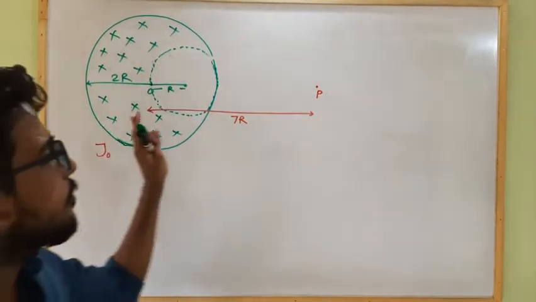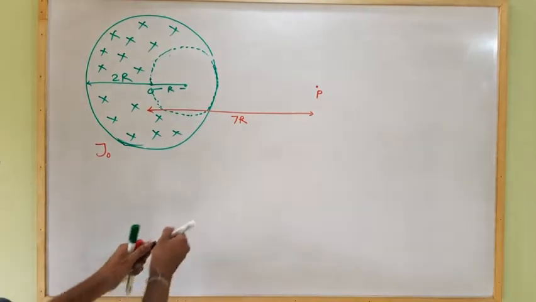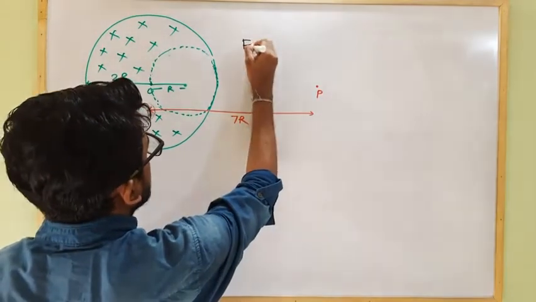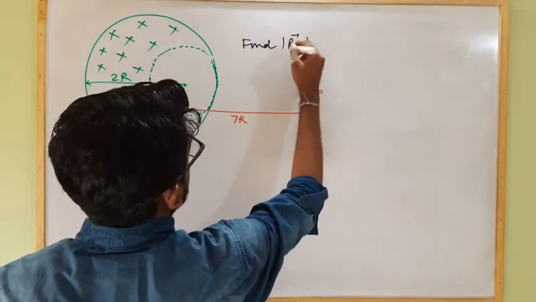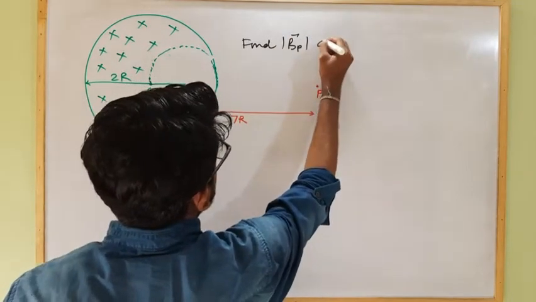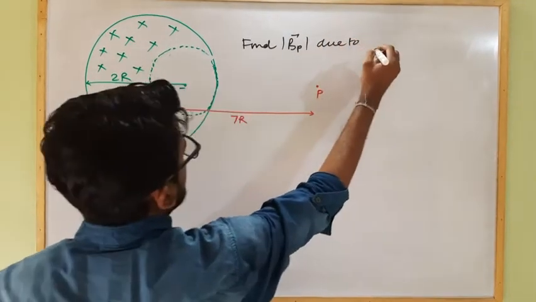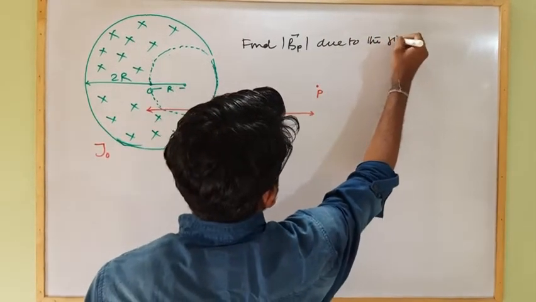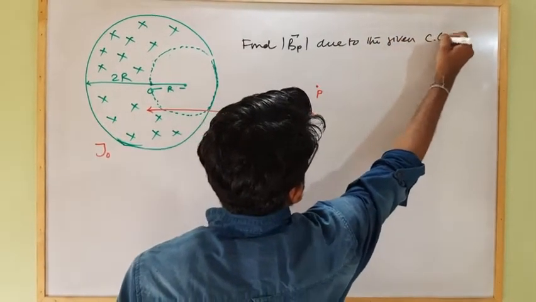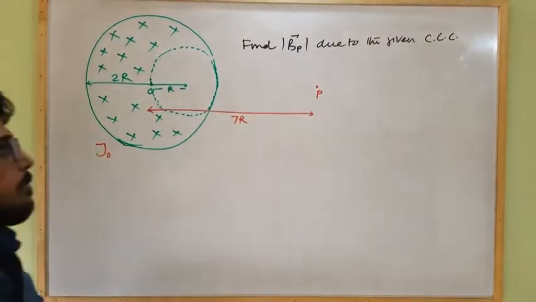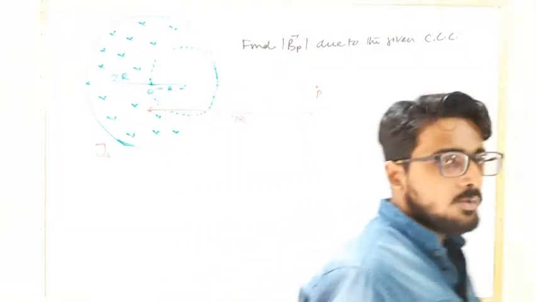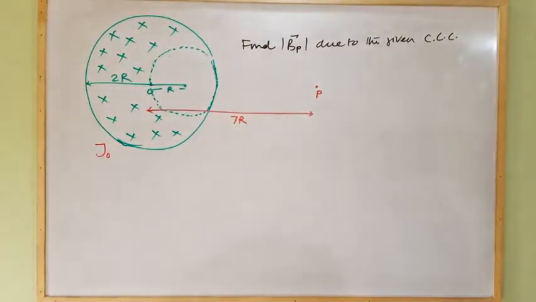So now we have to find the magnitude of the magnetic field strength vector B at P due to the given current carrying conductor. Clear? Find the magnetic field strength at P due to the given current carrying conductor.